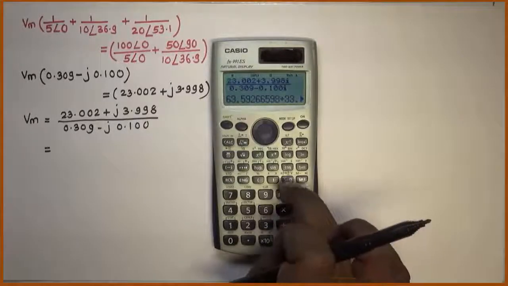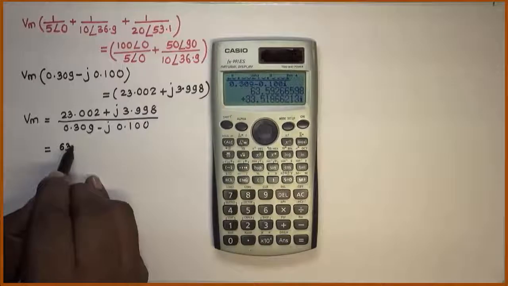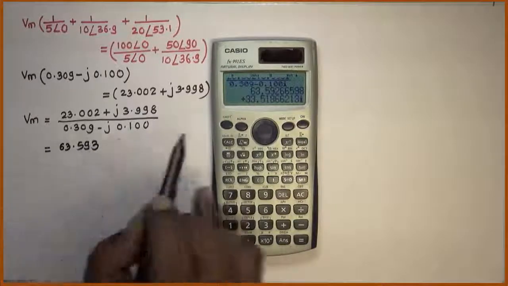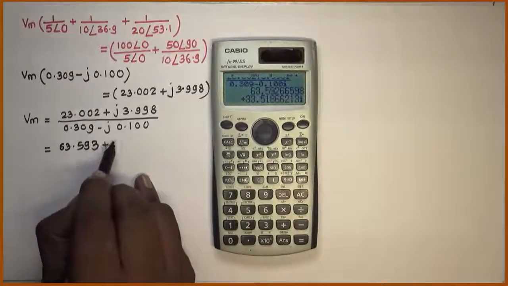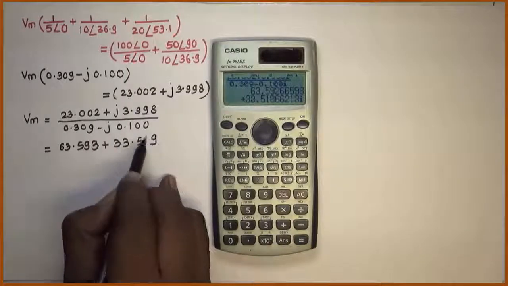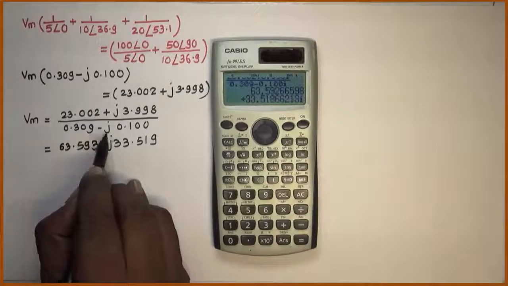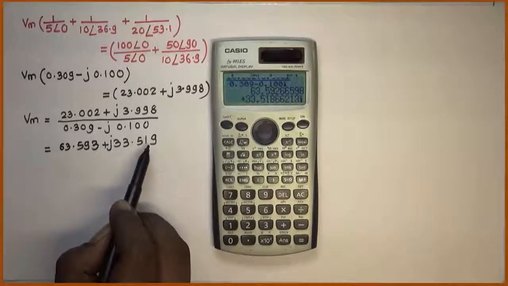If I want to see again the total answer, this is 63.593, this is 6 and this is 2, I approximate to 3, plus 33.519, and this I indicates this is J. Now this number is in rectangular form.